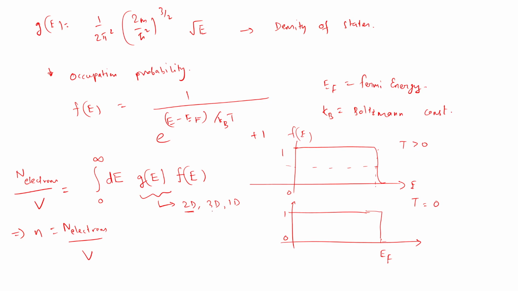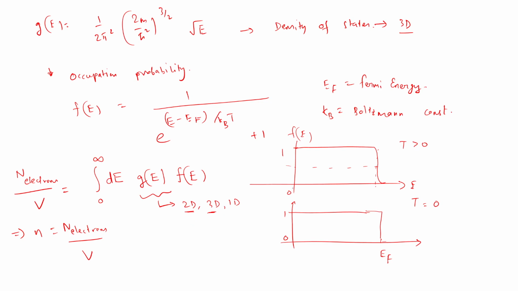If the question is regarding a 3D metallic volume, then you have to use the density of states for 3D. We have derived this for the 3D case, but following the technique that I told you, you can do it similarly for the 2D or 1D case as well.